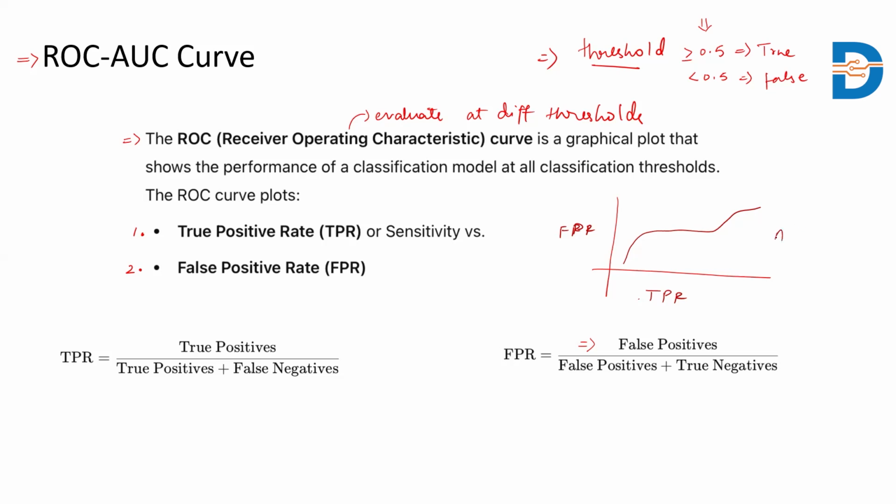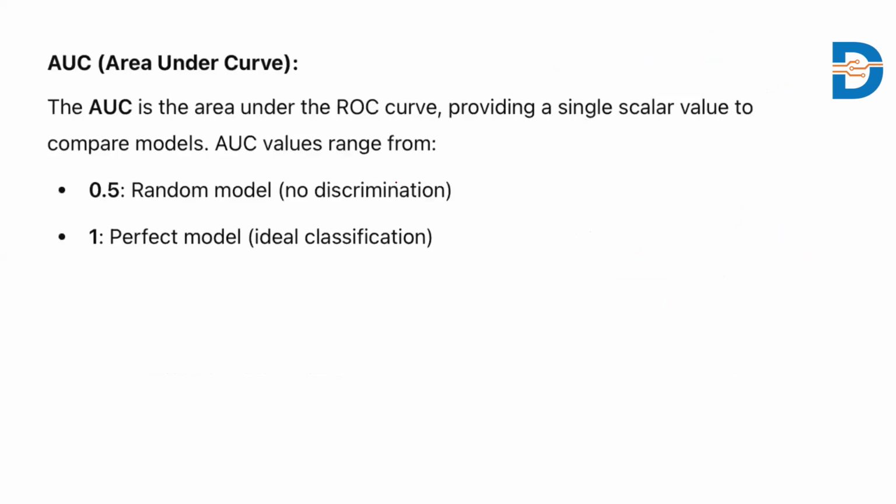Now your AUC comes into the picture. AUC is called area under the curve. Area under which curve? AUC stands for area under the ROC curve. That is, ROC is going to plot a graph like this by considering true positive rate and false positive rate, evaluating at different thresholds.